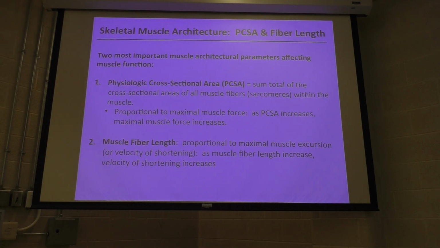The longer. Yeah. So if you look at the actual velocity, the distance over time, this guy covers more of a distance. So just based on really basic speed, this one is going to shorten more because there are more sarcomeres in tandem. So this guy is shortening at the exact same time as this guy.